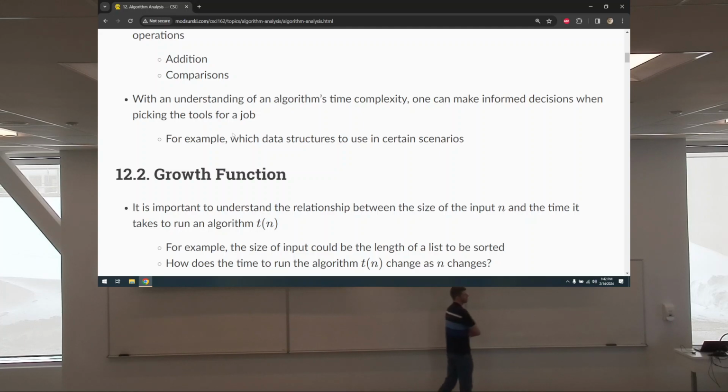With a Python list, I have two options for the implementation. Maybe I have an array list and maybe I have a linked list, right? Think of the stack. With the array list, it's really fast to add things to the end. But with the linked list, it's slow to add things to the end.